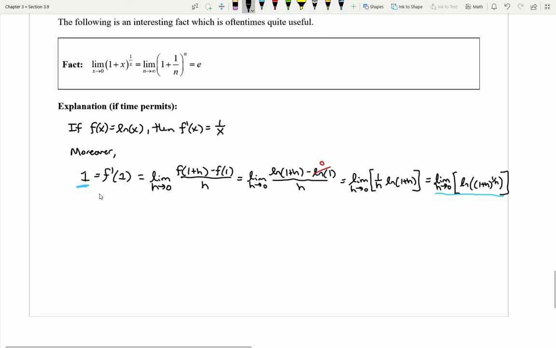And if this is the case, then I could easily state that if I took e and raised it to the power of this limit right here, so (1 plus h) to the power of 1 over h, that would have to be equal to e raised to the power of 1 on this side, right? This would have to be true. I'm just taking the same number here in blue and making them exponents of the same value. So they have to be identical.